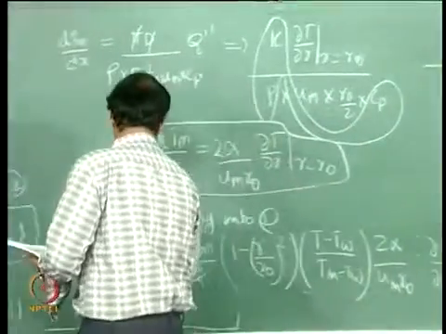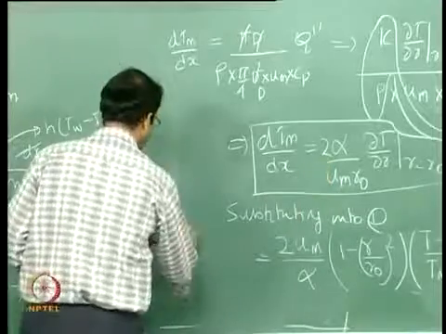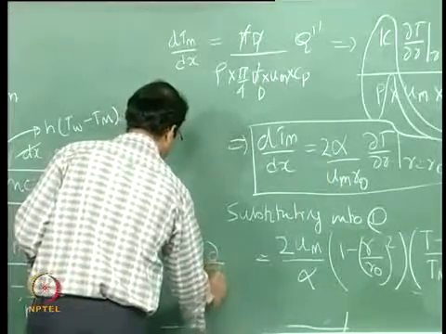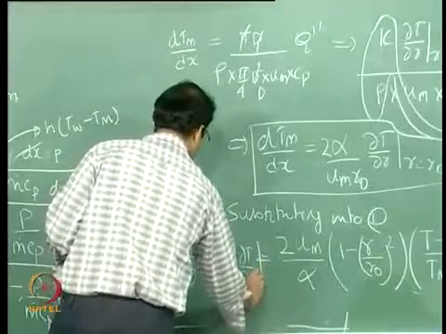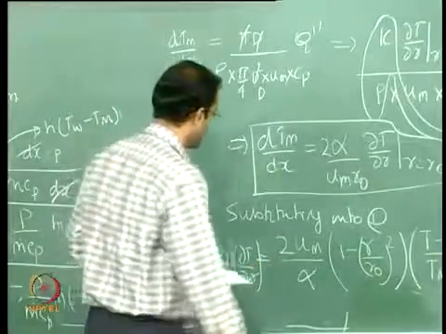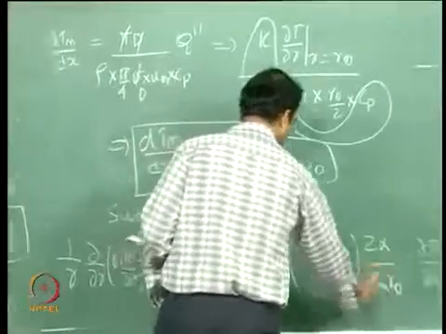So this is equal to the right hand side, which is 1 by r d by dr of r dT by dr. Here um cancels, alpha cancels.